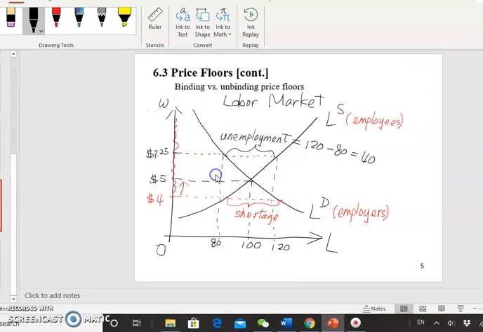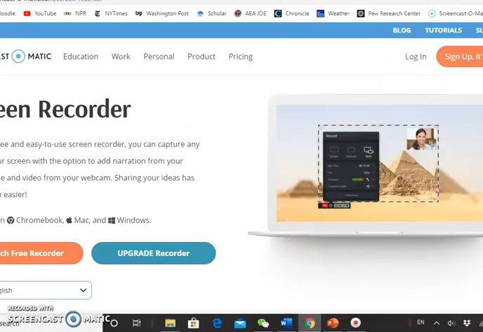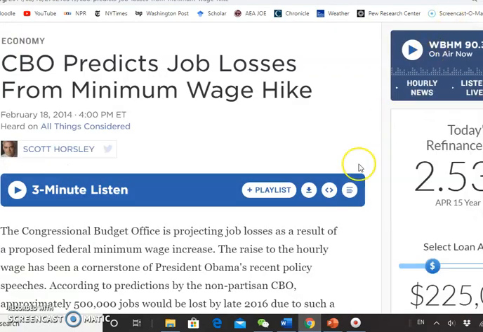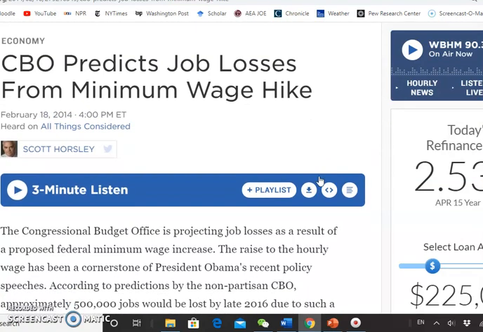But in reality, we have to take that very seriously, and you can actually see this interesting podcast on NPR. Okay, let me switch to this. This is a piece from a few years ago when President Obama signed an executive order to raise the federal minimum wage from $7.25 to $10.10.